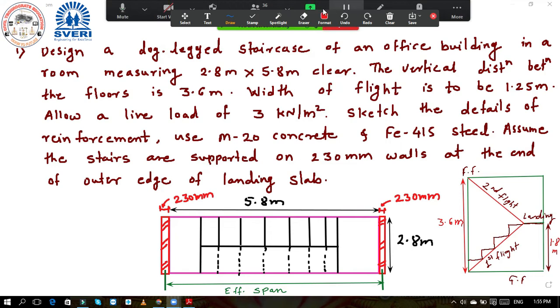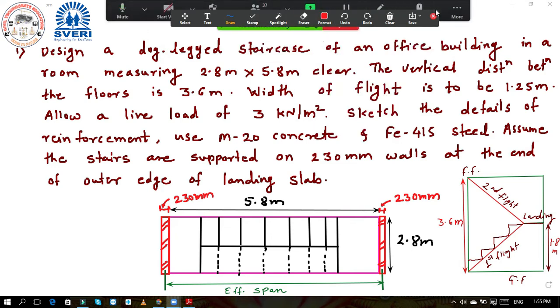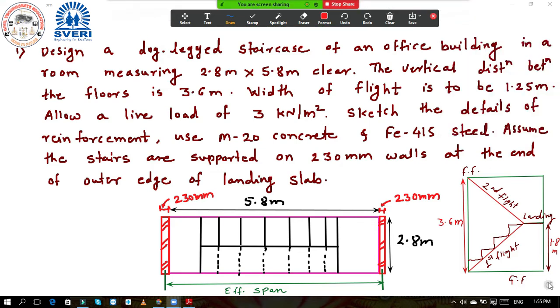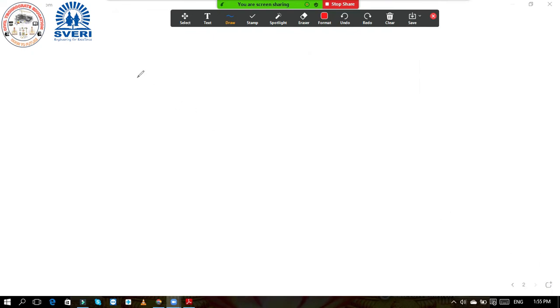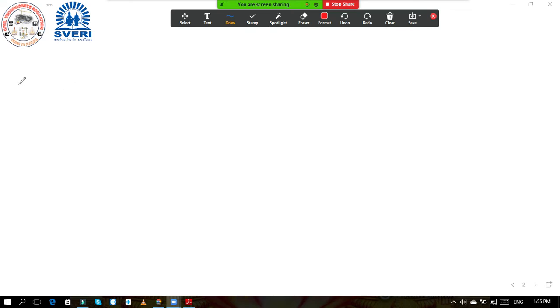Do you want some time to draw it, or have you drawn it? Okay, the next thing: now you understand, we have drawn the diagram. So now we will write down the given data, what is given to us.